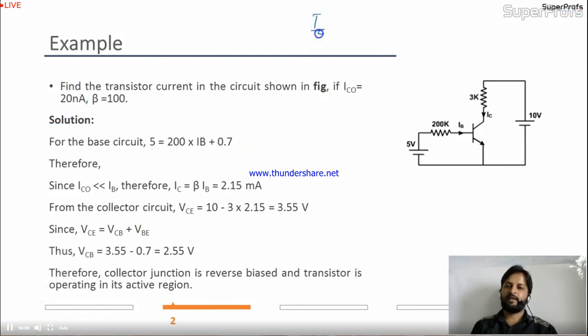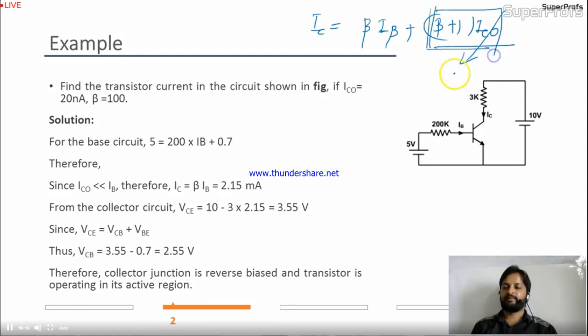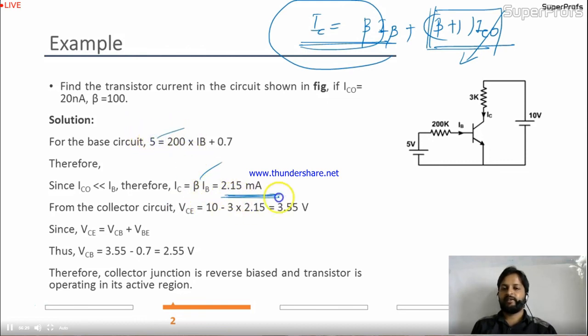The actual current IC will be beta IB plus (beta plus 1) ICO. But though this current is negligible, we are excluding this term, and simply we are taking IC as nothing but beta IB. So we have to multiply by beta. We got the IB current over here, so you are getting the IC current. This is the operating current, the output current.